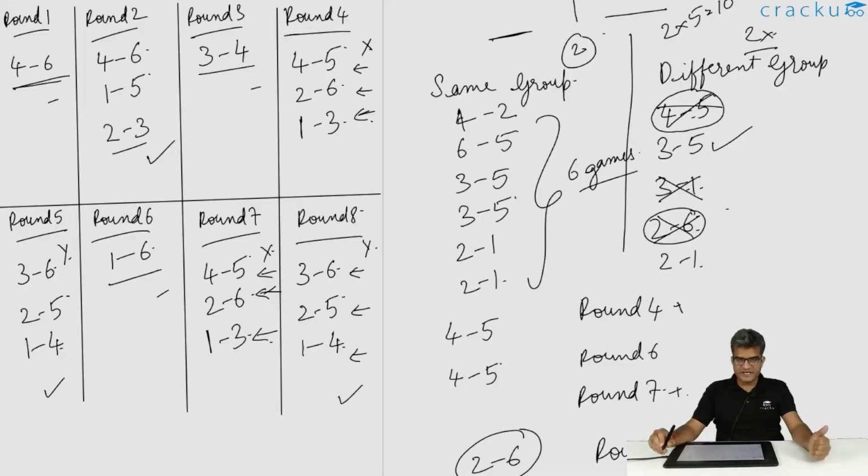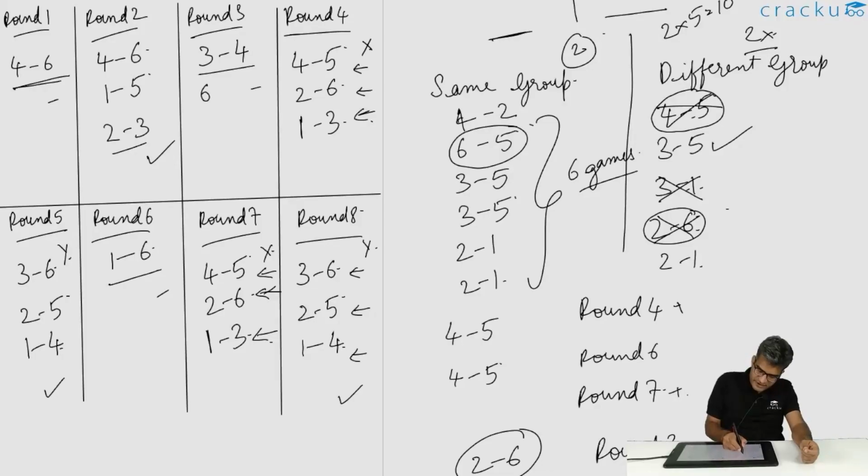We need 2 games in round 1, we need 2 games in round 3, we need 2 games in round 6. Now in round 1 and round 6, we know the game that team 6 has played. So this 5 versus 6 has to happen in round 3. So what is the last game remaining in round 3? Because we have identified 2 games, it has to be 1 versus 2.